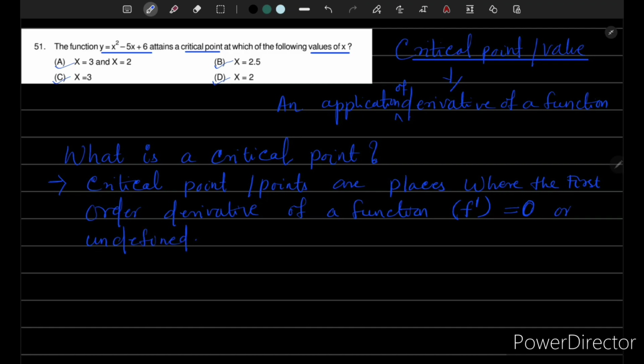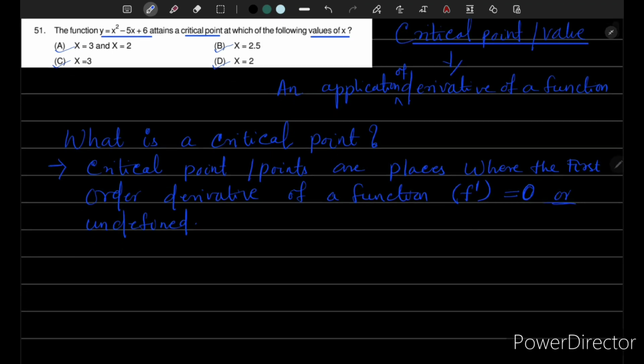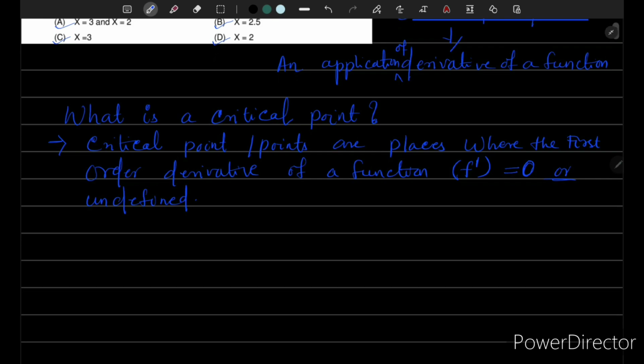Okay, so critical points are the places where the first order derivative of a function, that is f prime, equals 0 or undefined.